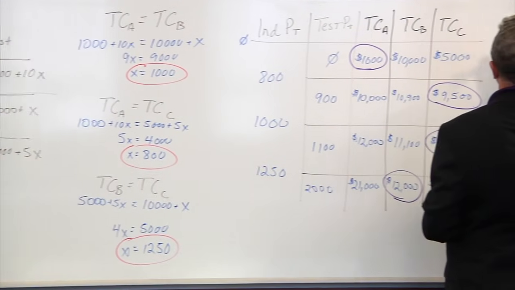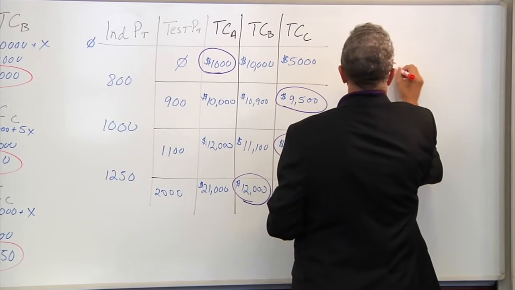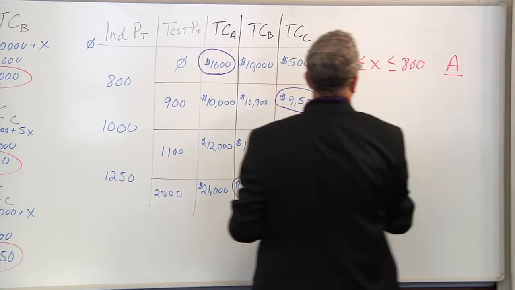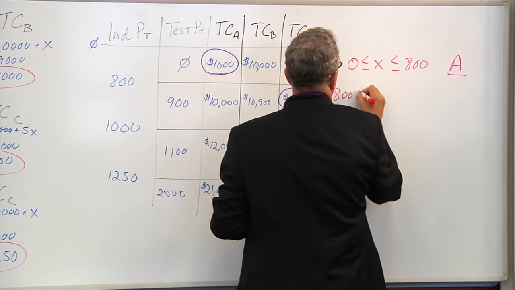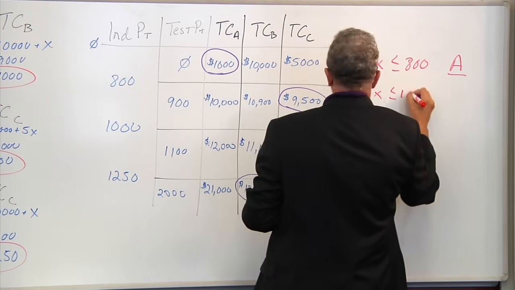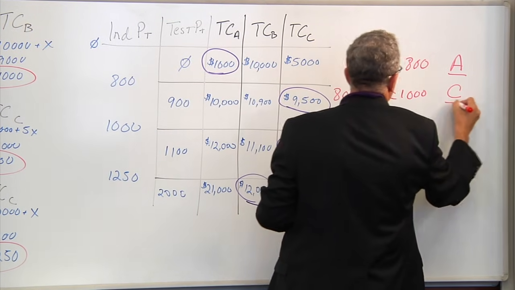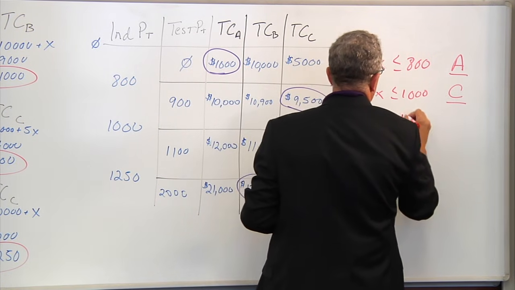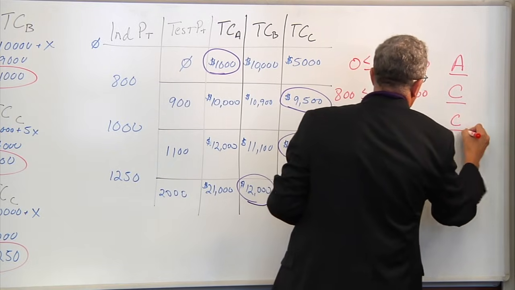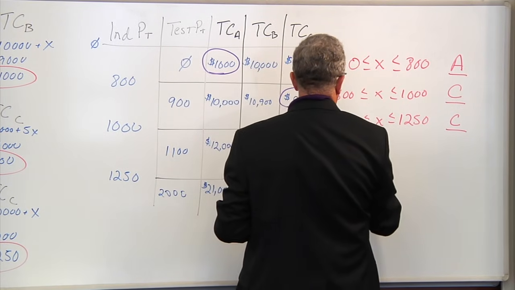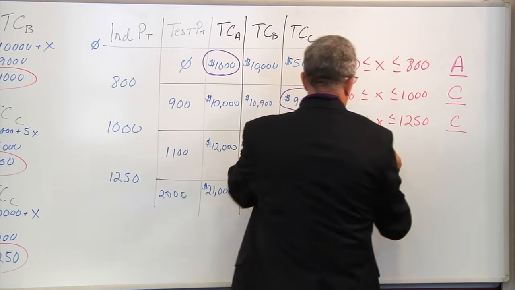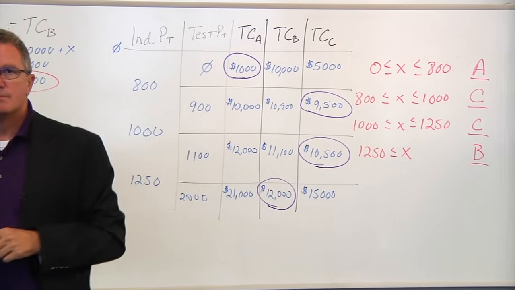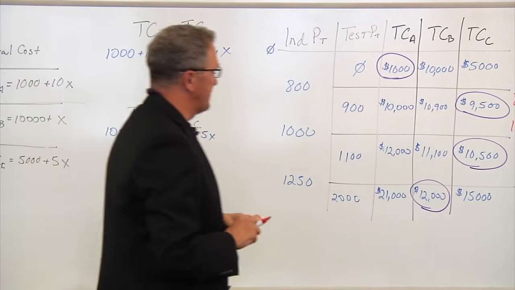If the quantity is between 0 and 800, I go with vendor A. If the quantity is between 800 and 1,000, I go with vendor C. If it's between 1,000 and 1,250, I go with vendor C. And if the quantity is greater than 1,250, I would go with vendor B. Now, I can actually simplify this further.